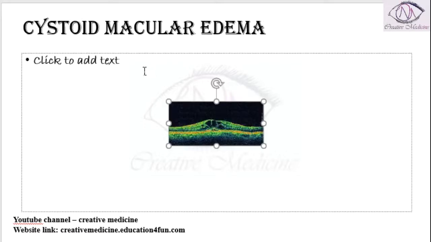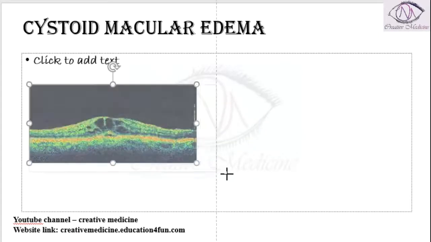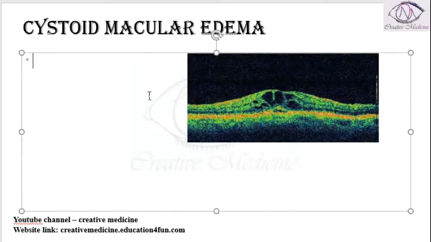On optical coherence tomography, you can see the presence of fluid accumulation between the outer plexiform layer and inner nuclear layer. As a result, many vacuole-like structures are seen. This is actually fluid accumulation which is seen on optical coherence tomography.